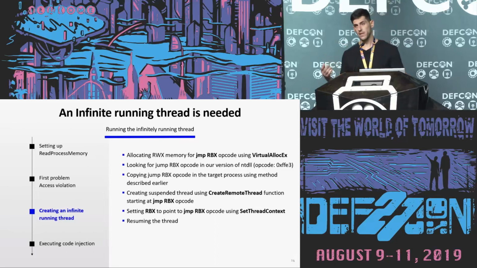Then using SetThreadContext, we are going to set RBX to point to jmp RBX, and then resume the thread. So now what's going to happen is it's going to execute, get to the jmp RBX we talked about earlier, and jump to RBX. RBX points to the same location, so it's just going to jump over and over and over again. And that's how you make it run infinitely.